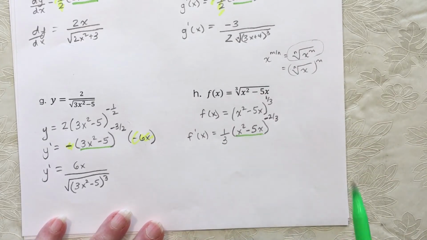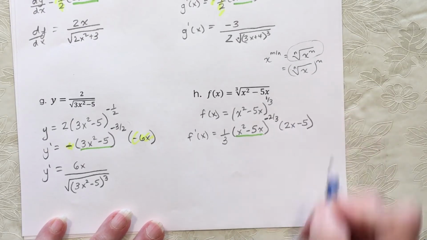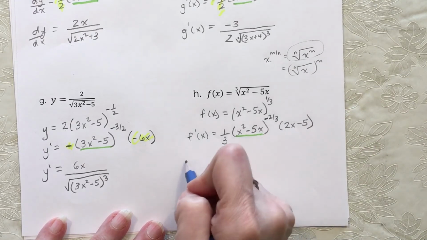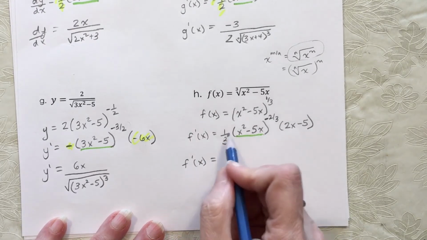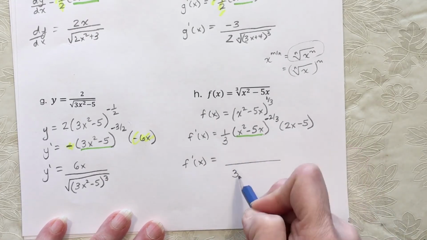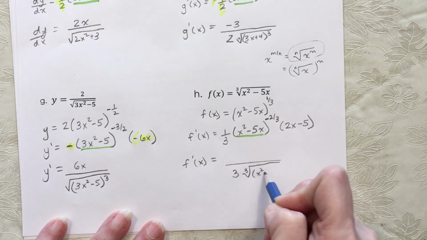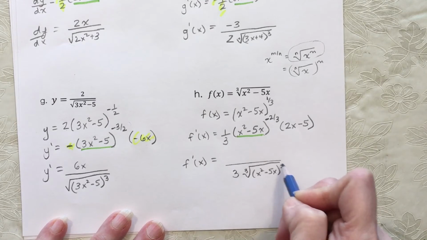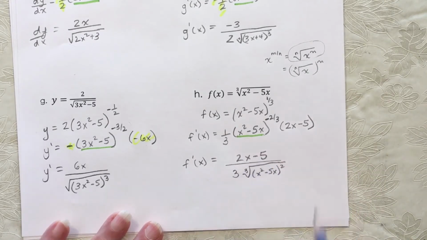And then we have to multiply by the inner derivative, which is 2x minus 5. And then we want to write it in simplified form. So in the bottom, we're going to have our 3 and our third root of x squared minus 5x all squared. And then in the top, we'll have 2x minus 5. And that would be written in simplified factored form.